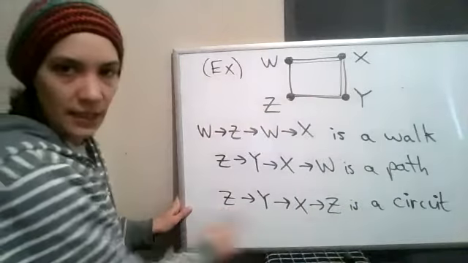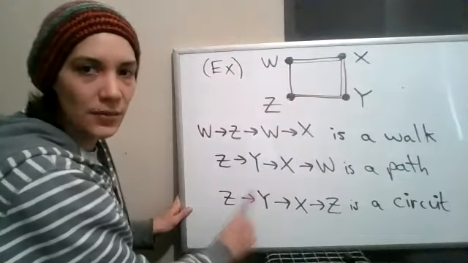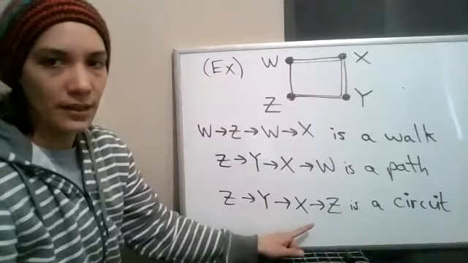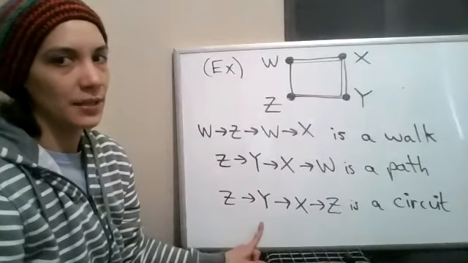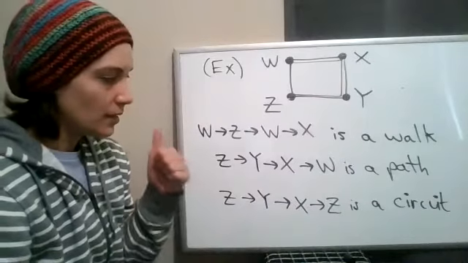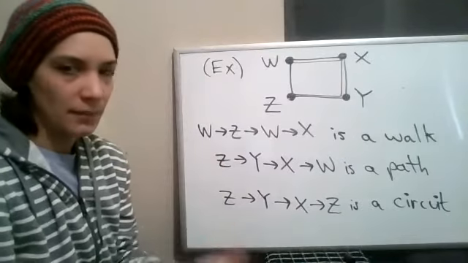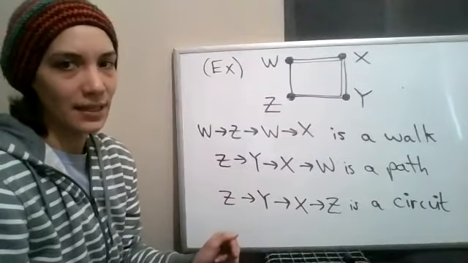Start at Z, you end at Z. Each vertex was next to the other one, or connected to the other by an edge. And we didn't reuse any edges. So we had to make sure it was a walk, make sure it was a path, make sure the start was the same as the end.